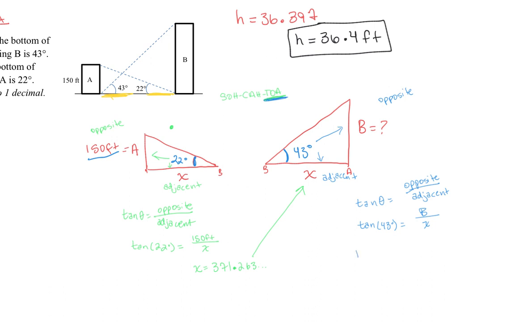So B is actually equal to our x, which is 371.263... times our tangent of 43 degrees.